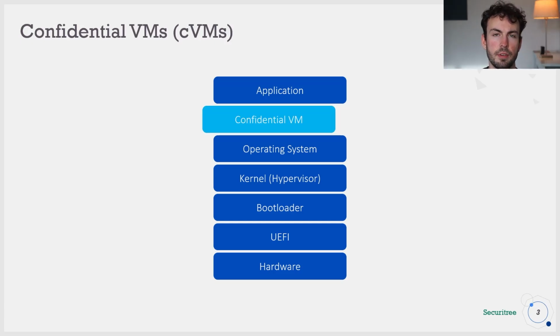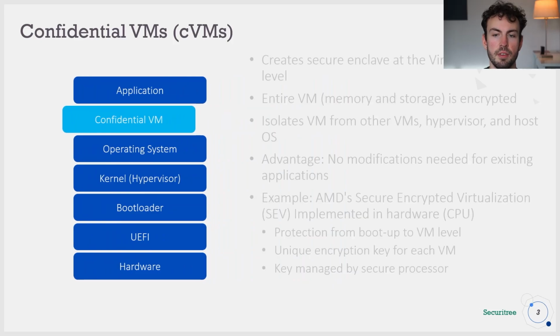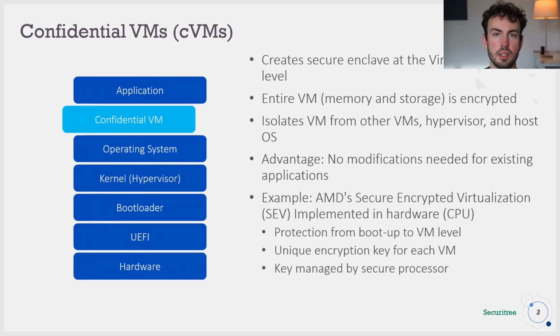Let's start with the confidential virtual machine, or CVMs. These create a secure enclave at the virtual machine level. In a CVM setup, the entire virtual machine, including its memory and storage, is encrypted. This provides a robust layer of security that isolates the VM not just from other VMs, but also from the underlying hypervisor and host operating system.